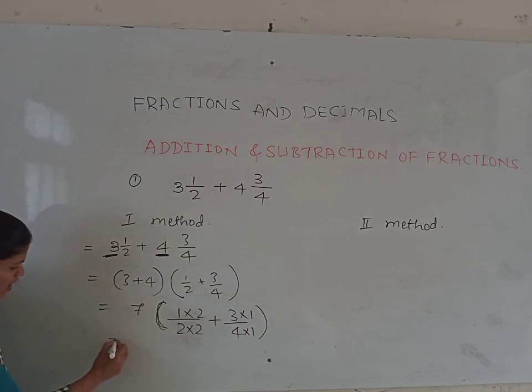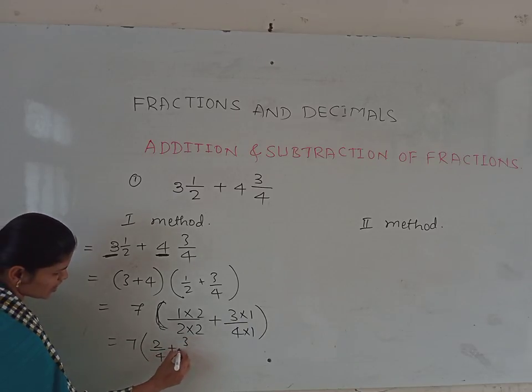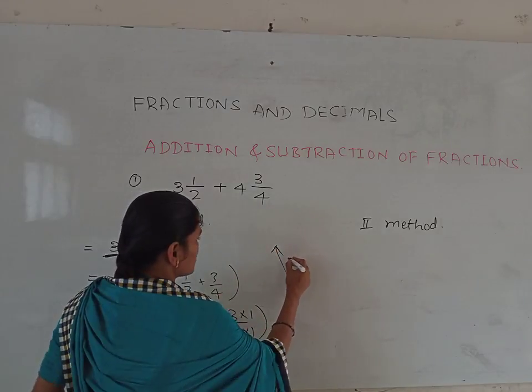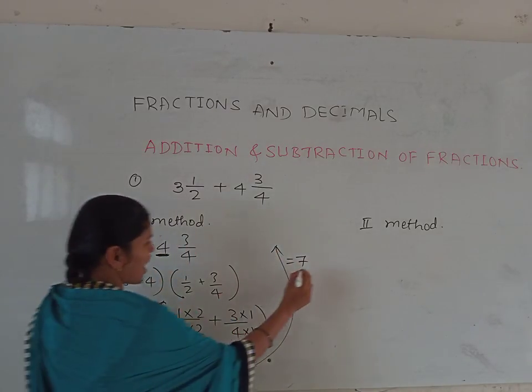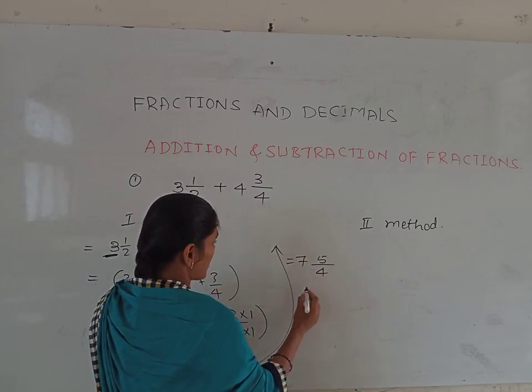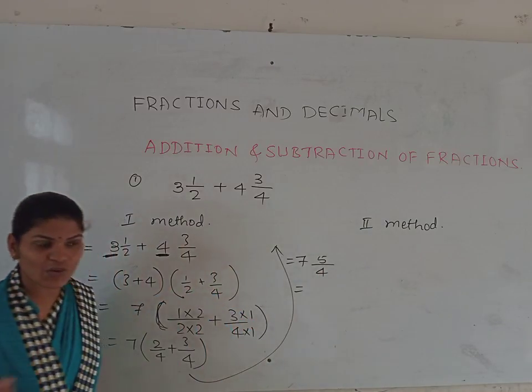Now 7 whole, and the fraction by 4, continuing here. 7 whole 4 as it is, 2 plus 3, how much? 5. What is 5 by 4? It is an improper fraction.